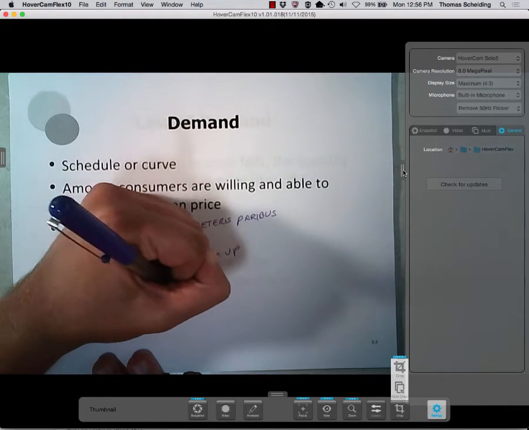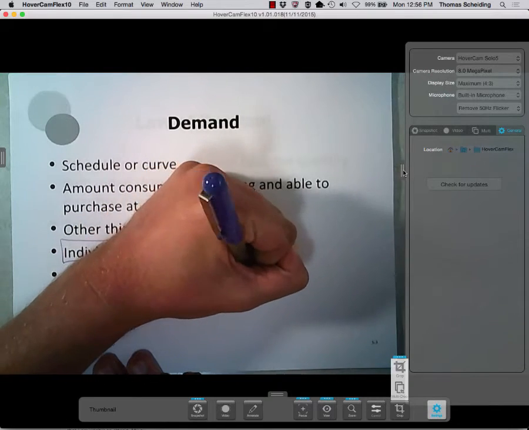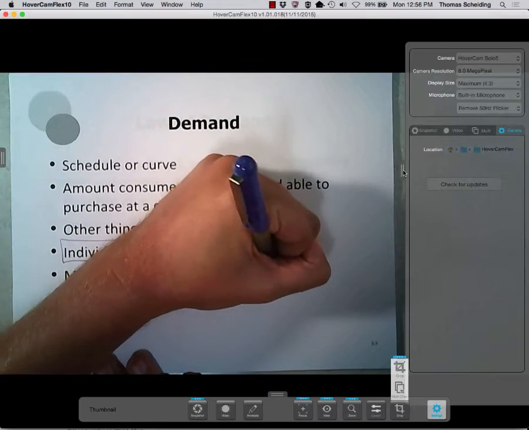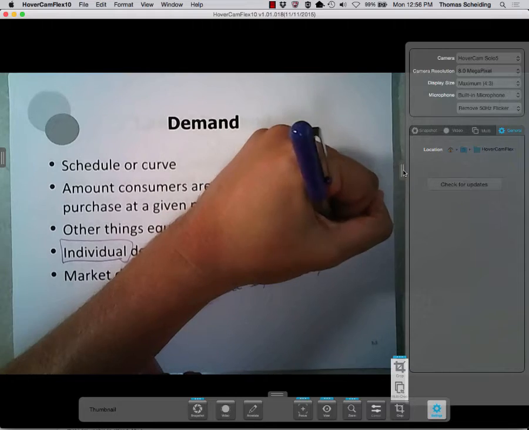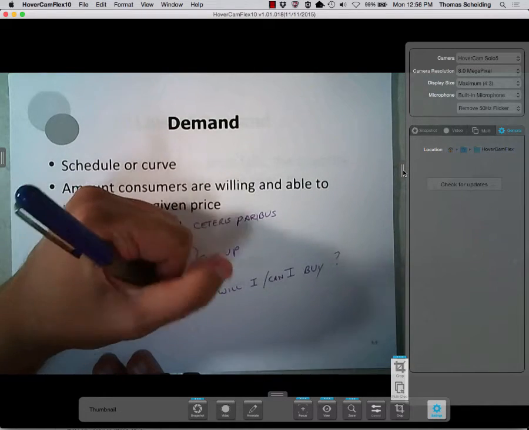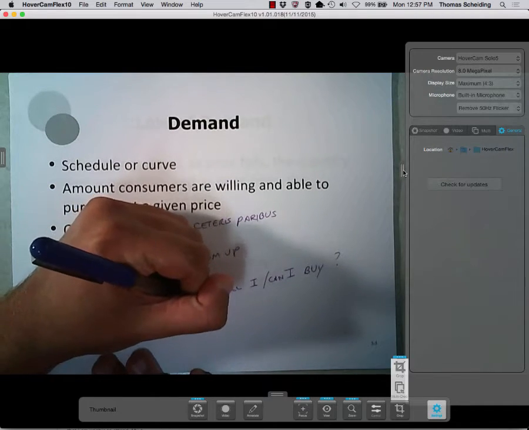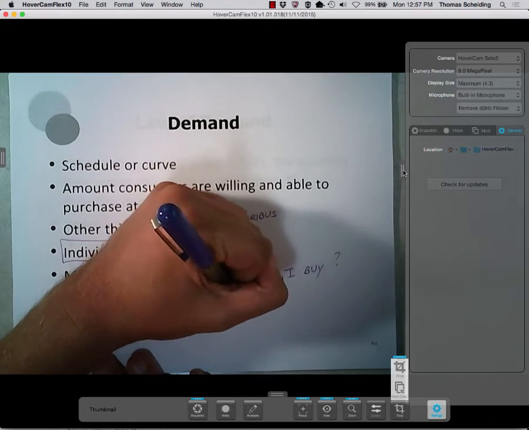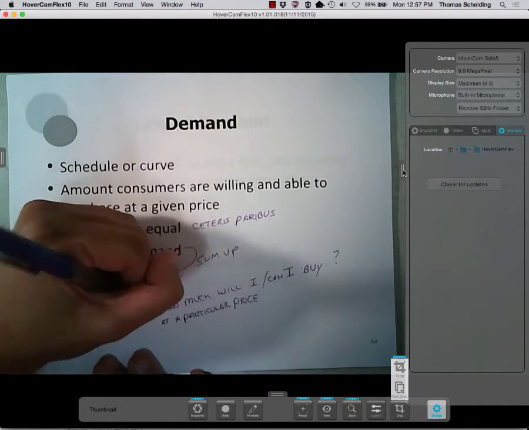In an informal way, it's a question of how much will I or can I buy? And then adding the phrase at a particular price. So that's the first part of this.